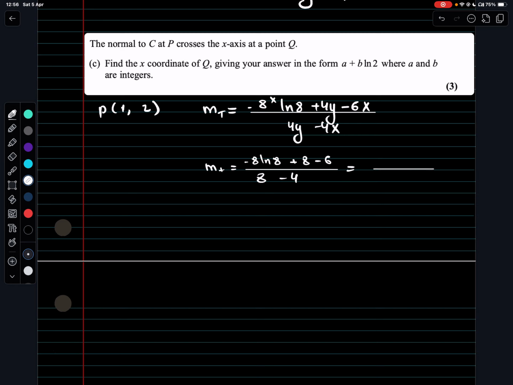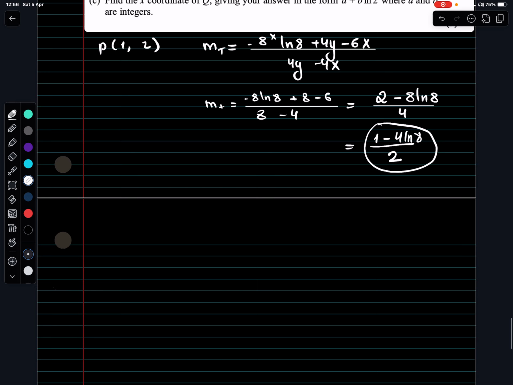That gives us 2 minus 8 ln 8 over 4, and I'm going to simplify this as 1 minus 4 ln 8 over 2. That's the gradient of the tangent. So the gradient of the normal is going to be negative 2 divided by 1 minus 4 ln 8, or you can write this as 2 divided by 4 ln 8 minus 1. That's also correct.